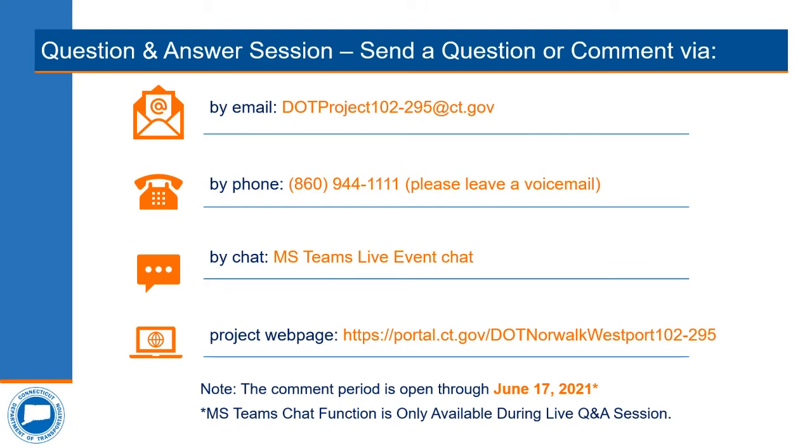The preferable method for those questions is obviously by email, dotproject102295 at ct.gov. Phone number to reach us at, leave a message at this number with the project number 102295: 860-944-1111.